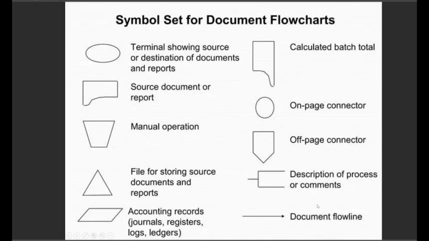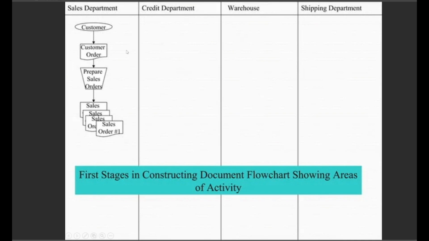Where the data flows. So for example, we have four entities here: the sales department, the credit department, the warehouse, and the shipping department. As you can see, in each department or each entity, they have their process, and each process requires documents. That's where we come in with this document flowchart.